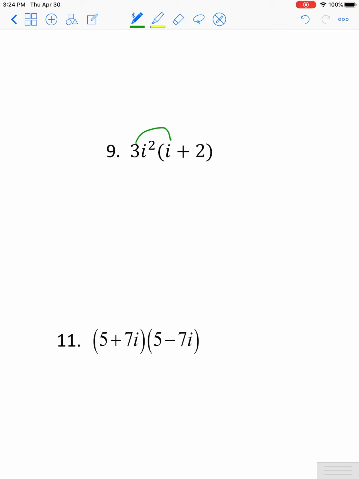Let's look at number 9. I gotta do the same thing, I need to distribute. Now be careful with this one, because you have an i squared and you have an i. So when I multiply that, that gets me 3i to the third power, because there's really a 1 here, plus 3i squared times 2 is 6i squared. So if you sit back here and say, okay, what do I know? I know something about this, and I also know something about that.